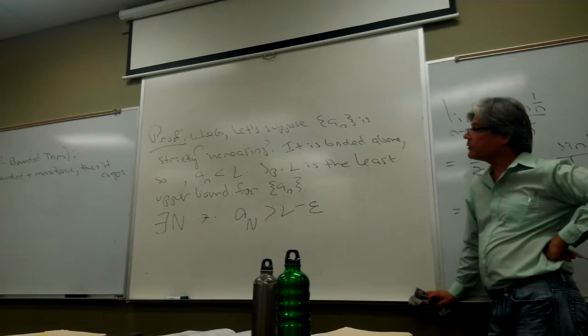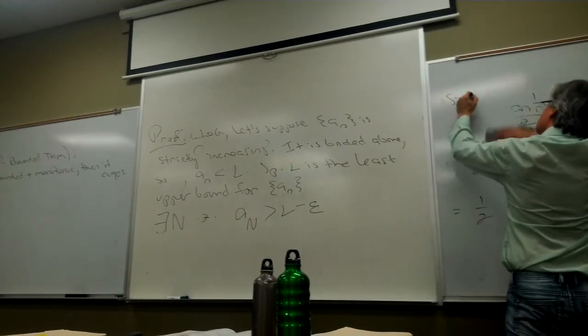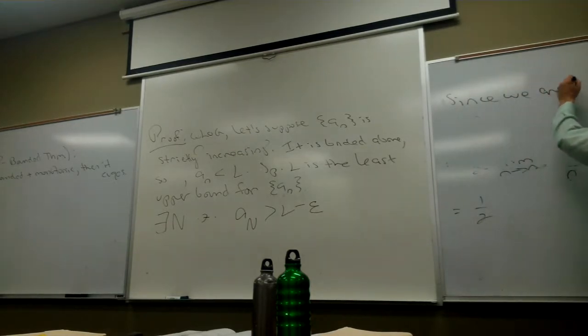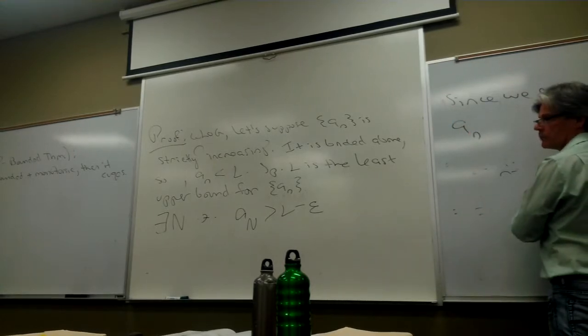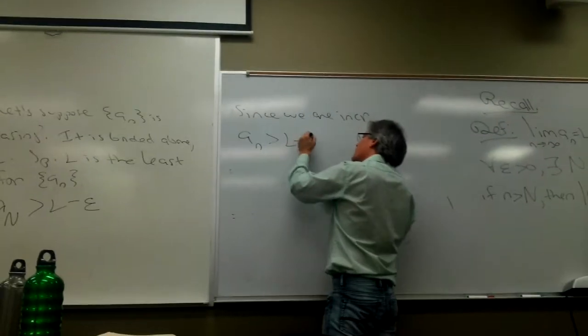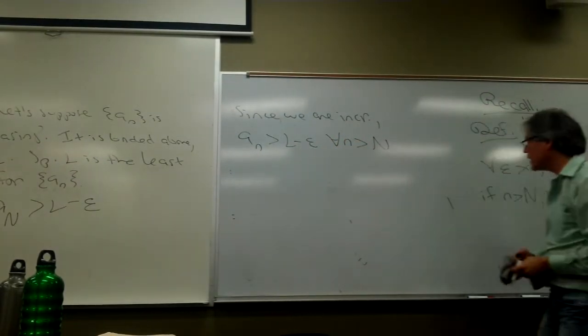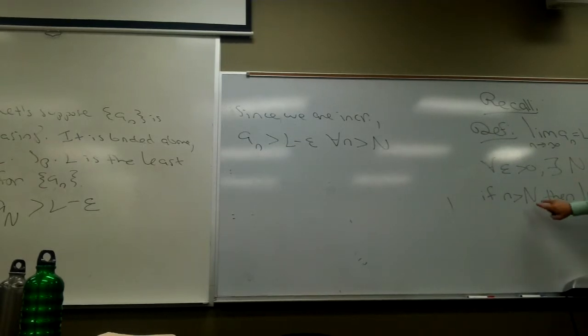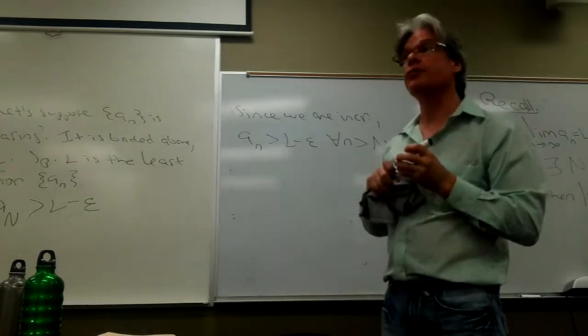But my particular sequence is strictly increasing, so I think that necessarily means that a sub n, that's lowercase n, is at least as big as L minus epsilon for all values of little n that are at least as big as big N. Notice I'm tying into my definition. I set myself up. Now if I can conclude this is true for all little n being bigger than big N, then I think I've proven that the limit exists, and that I converge in this case.